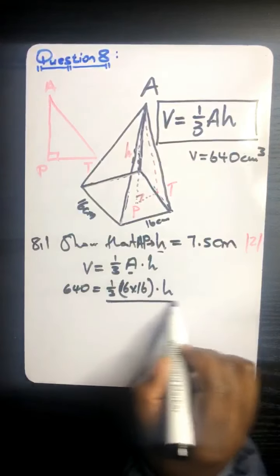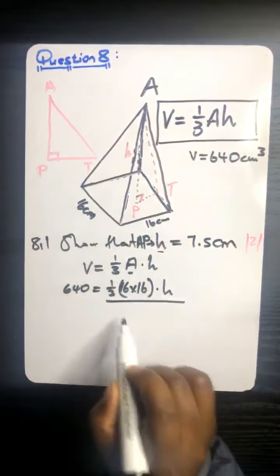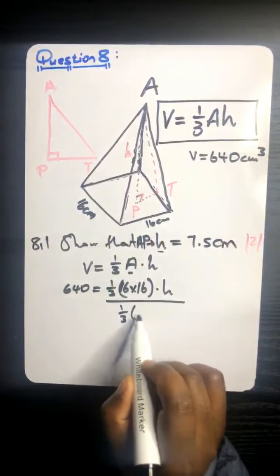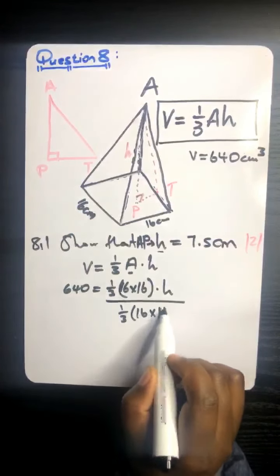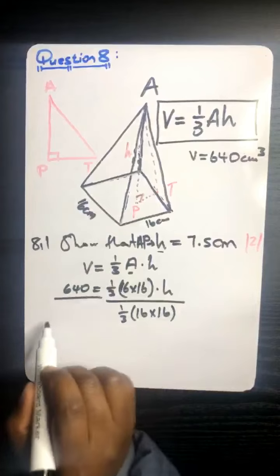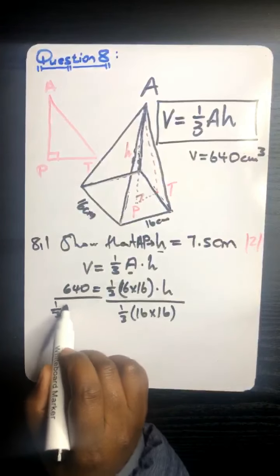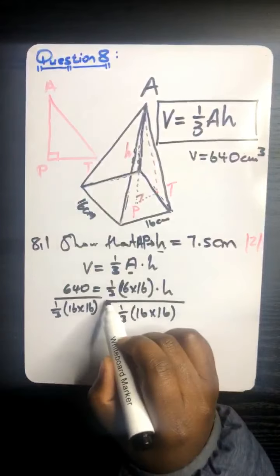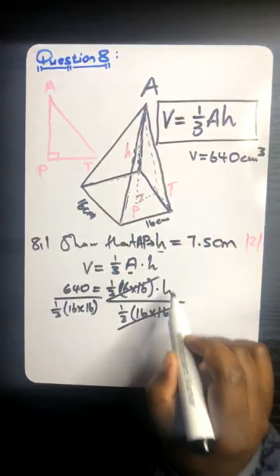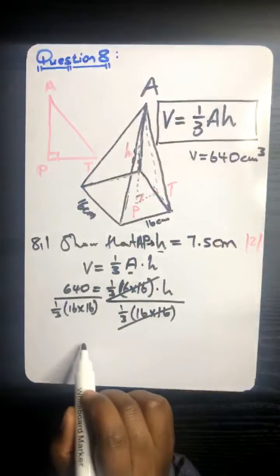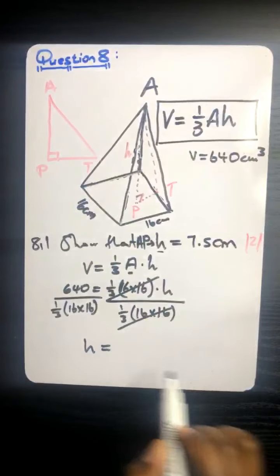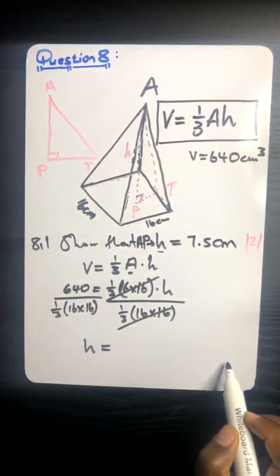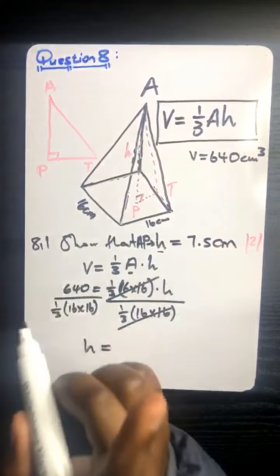Meaning, if I want to remain with h, I'm going to divide by that times that on both sides. I know someone is busy calculating, which is a good thing, as long as you understand that step. Let's see what h will be. You must punch all of that correctly.